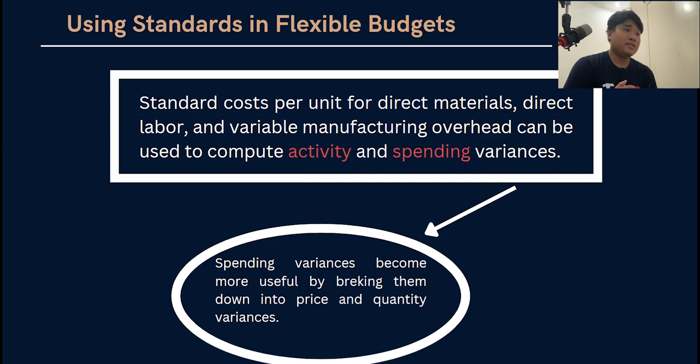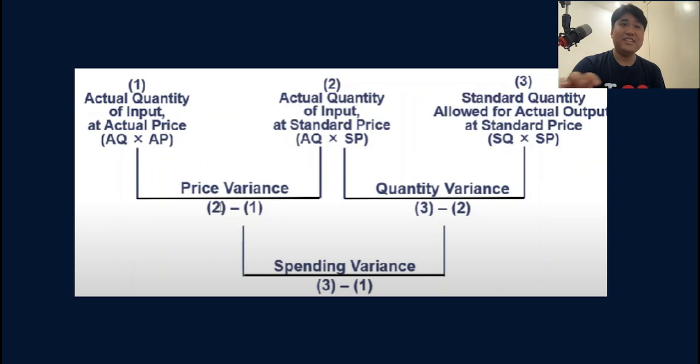Spending variances become more useful by breaking them into price and quantity variances. The next slide will show you the illustration of the breakdown of inputs to become the spending variances.